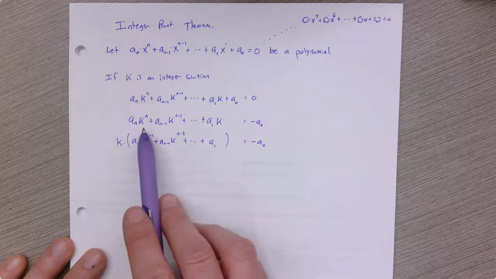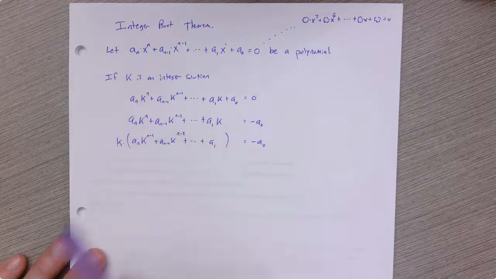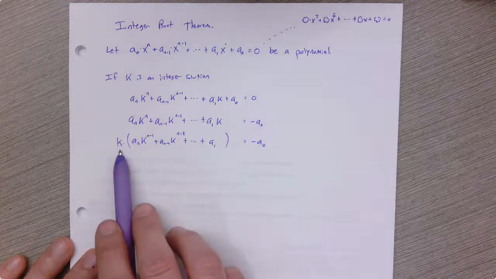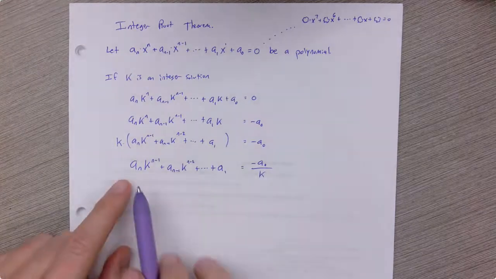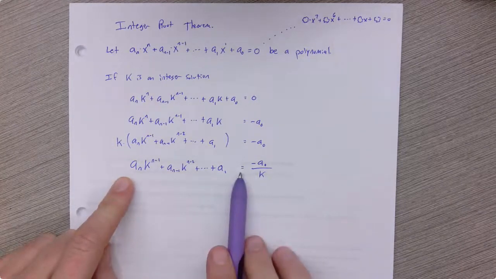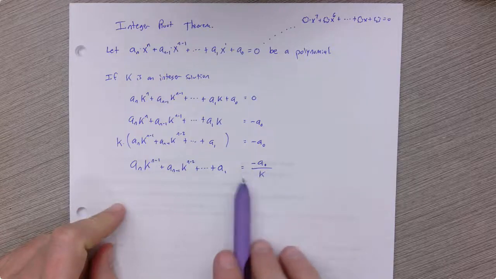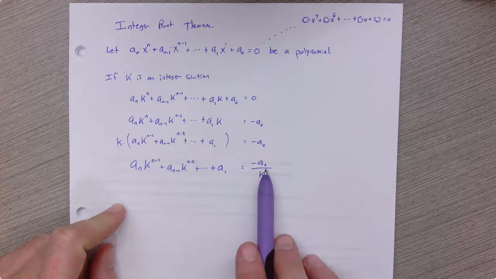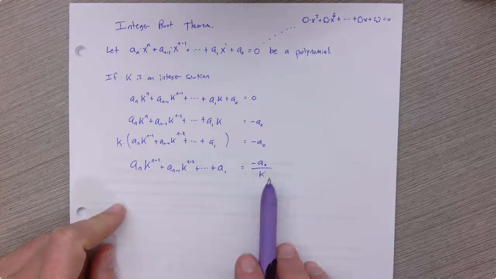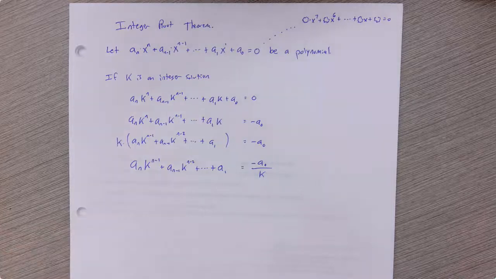So this factoring out, each of the exponents should decrease by 1. All right, next we divided by k. Last, we observed that the left-hand side must be an integer. Therefore, the right-hand side must be an integer. Therefore, k must evenly divide whatever this constant term at the end of the polynomial was. So k has to divide a sub 0.